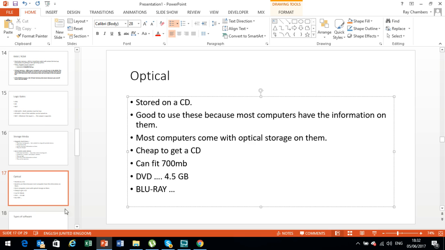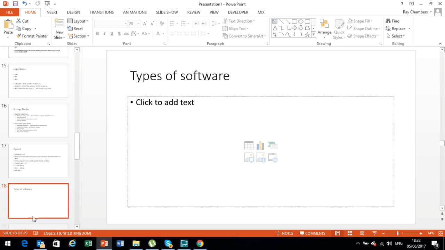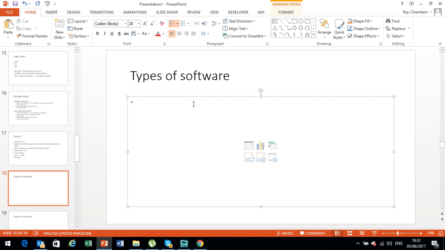Right, so then we have types of software that you need to be aware of. You have system software, such as an operating system.